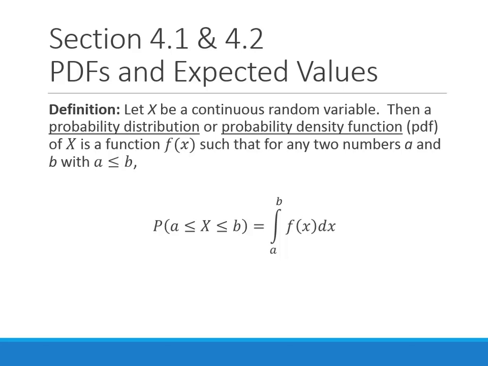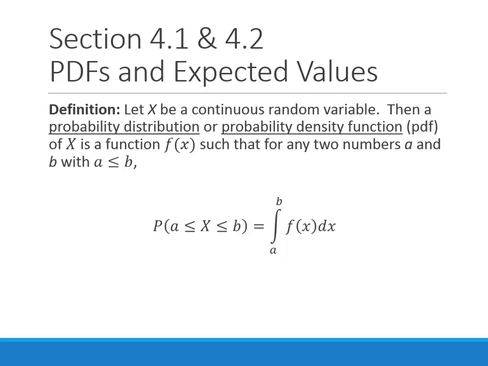When we have a continuous random variable, the probability distribution is called the probability density function, or the PDF. So it's not an Adobe PDF. It's a probability density function, and you can think of it as the same as the probability mass function in that it helps us calculate probabilities. The exact interpretation is different, and the way in which we calculate probabilities is different, but it's the same idea.